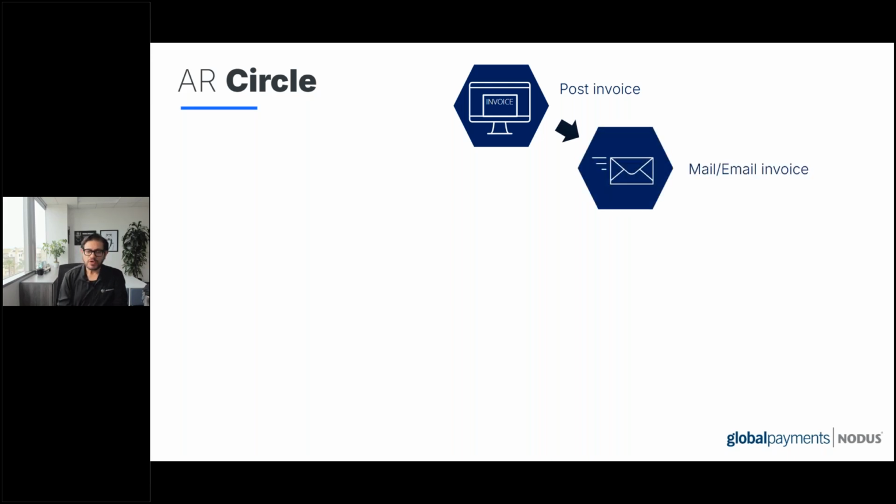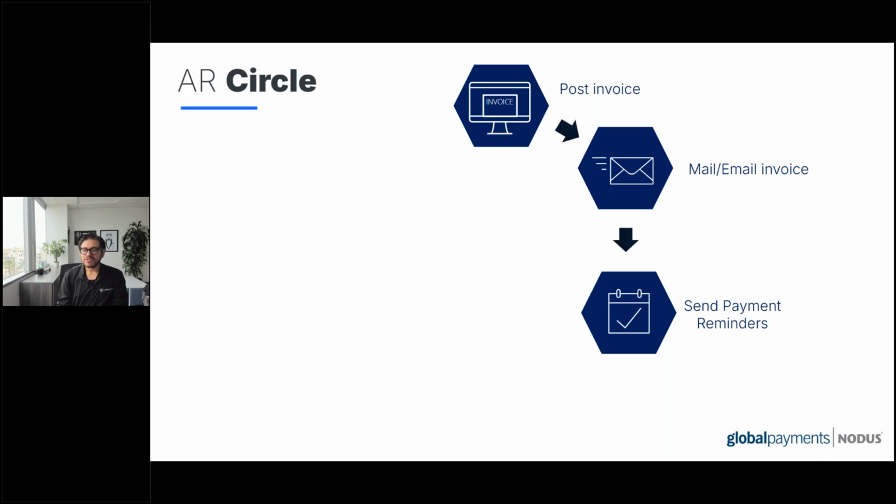Step two, you have to deliver that invoice to your customer, whether through email or paper mail. Step three, you have to send reminders to your customers, provided that you remember to, continuously reminding them that you have outstanding balances and outstanding invoices.